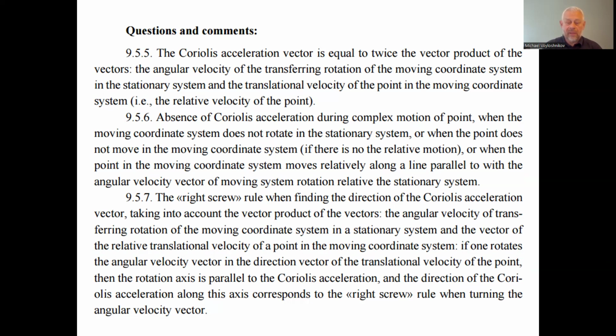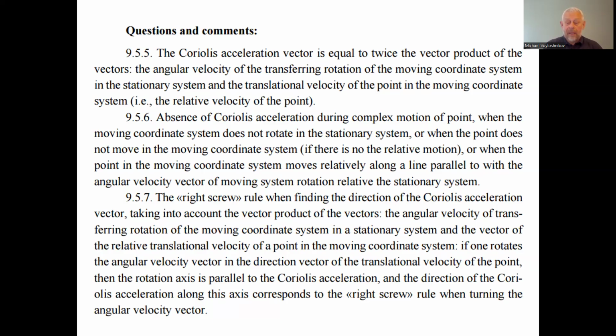So when one of the factors in the product is equal to 0, it can be that there is no rotation of the moving coordinate system, or the point does not move translationally in the moving coordinate system, or the point moves in the moving coordinate system but the translational movement is parallel to the rotation vector of the moving coordinate system and the fixed one.